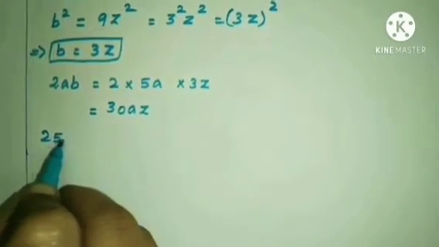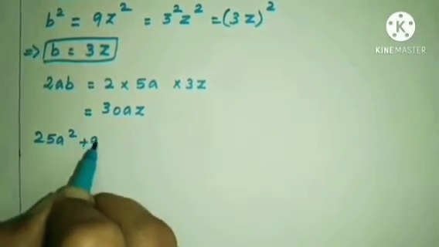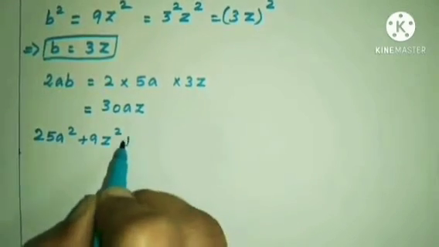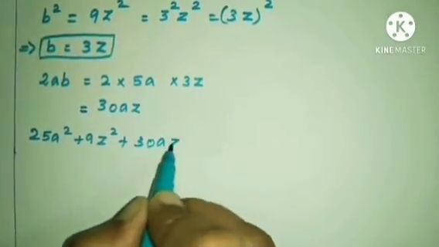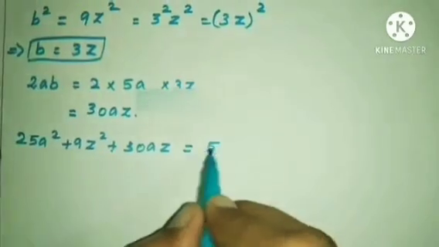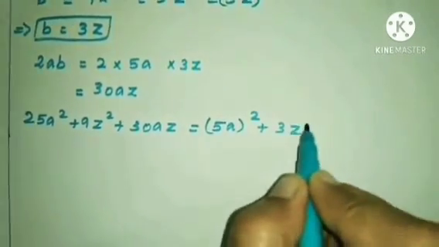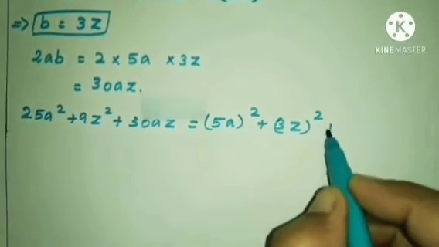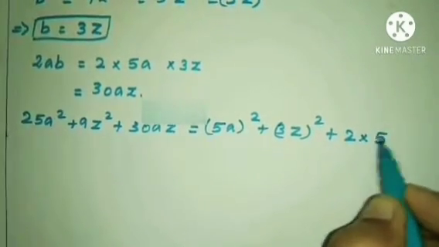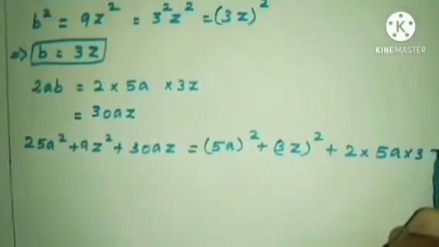That is 25a² + 9z² + 30az = (5a)² + (3z)² + 2 × 5a × 3z.